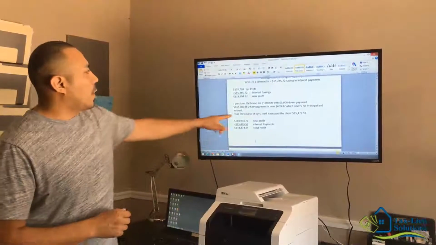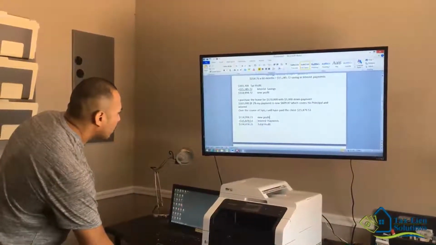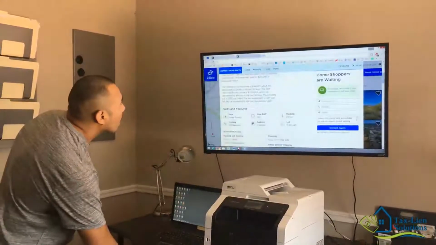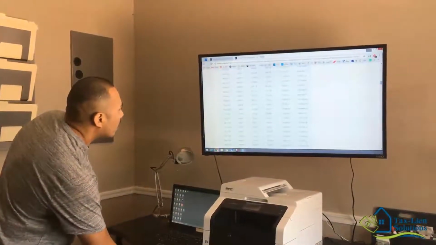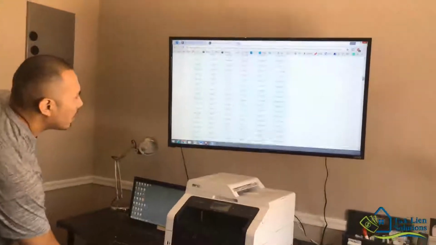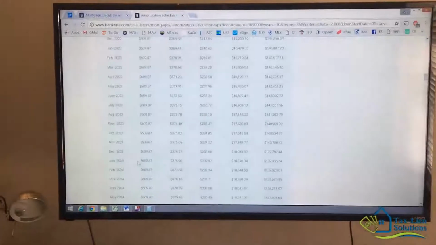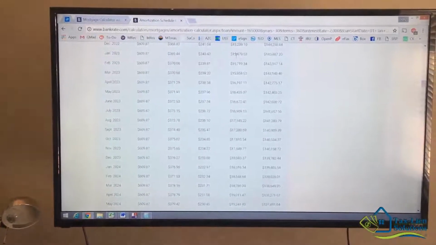Now, over the course of 5 years, right here, so I'm going to end up paying this property off sometime in, it's going to be about January of 2023.